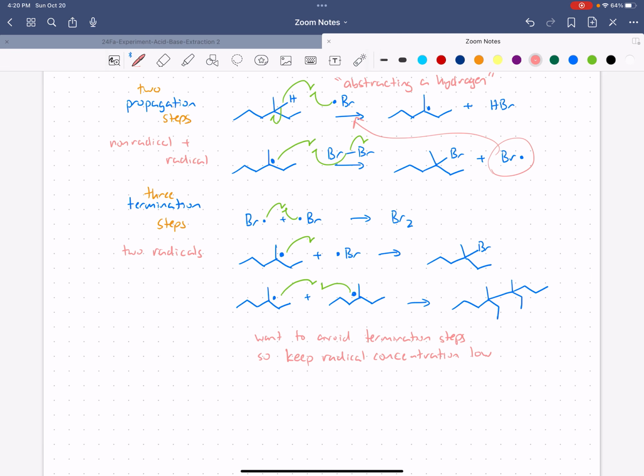We want to keep the radical concentration low to lower the probability of two radicals hitting each other, to decrease the probability of two radicals finding each other.